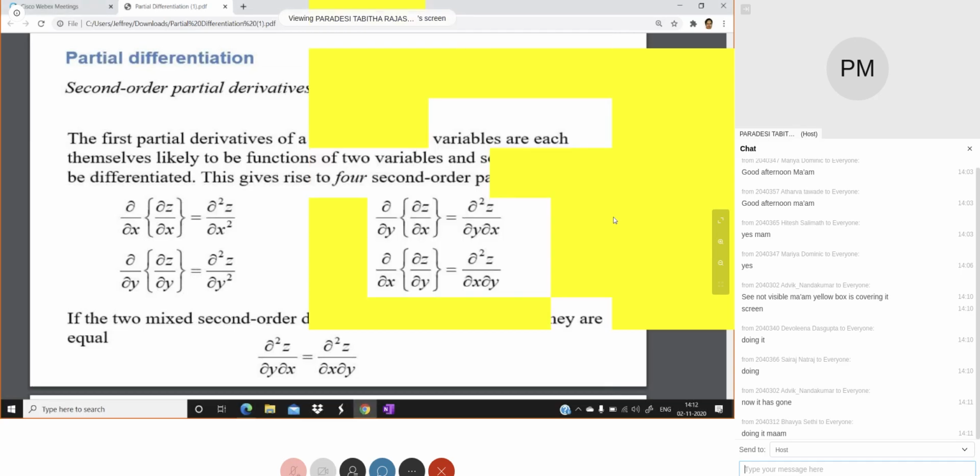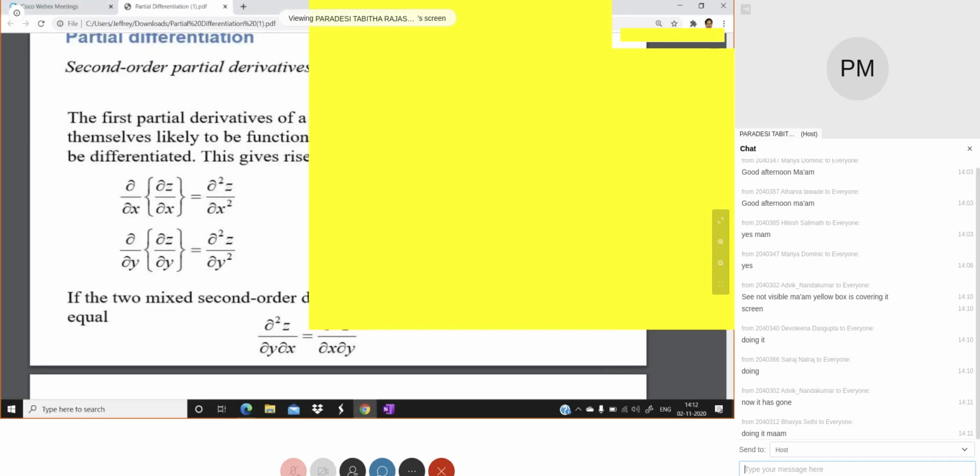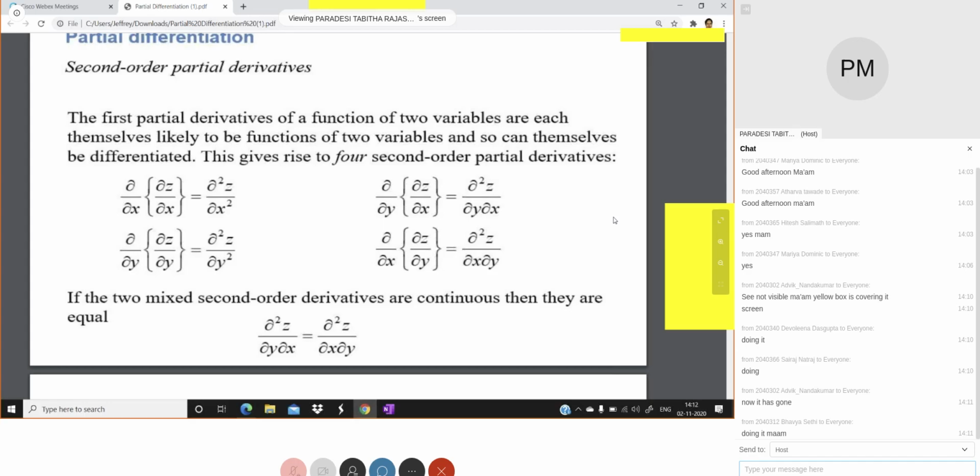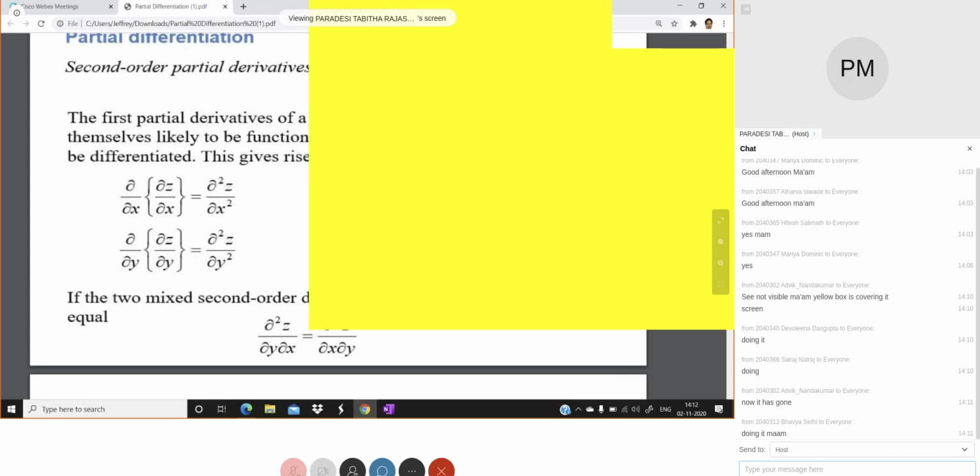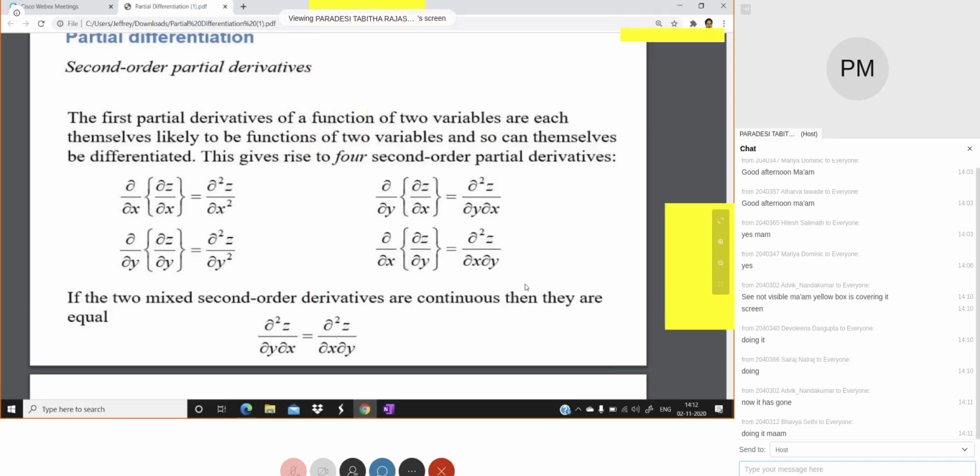Yeah. Today itself I'll do that. Slide completely neon. Covered with what? Where is this yellow box? I don't see a box at all.